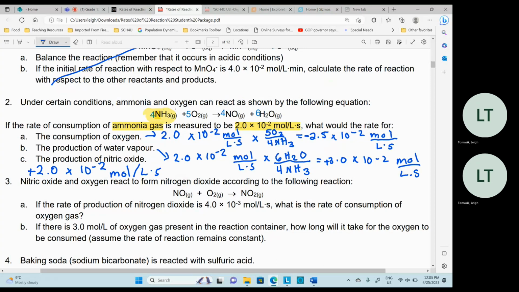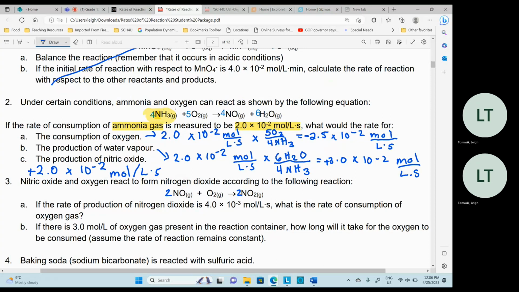So add a 2 here and a 2 here, and that will give me balanced, I think, right? 2 nitrogens on the reactant side, 2 nitrogens on the product side, 4 oxygens on the reactant side, 4 oxygens on the product side. We're done. If the rate of production of nitrogen dioxide is 4.0 times 10 to the negative 3 moles per liter second, what is the rate of consumption of oxygen gas?